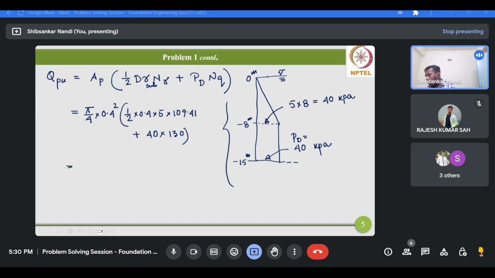If you calculate, this value will be 667.2 kilonewton. Now this is for the ultimate point bearing resistance.